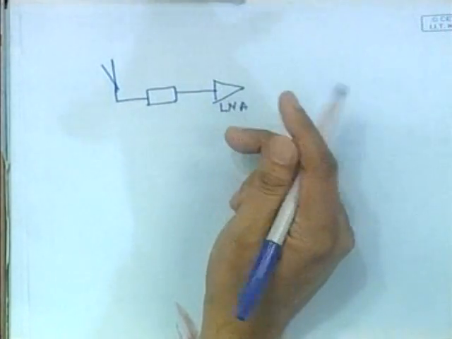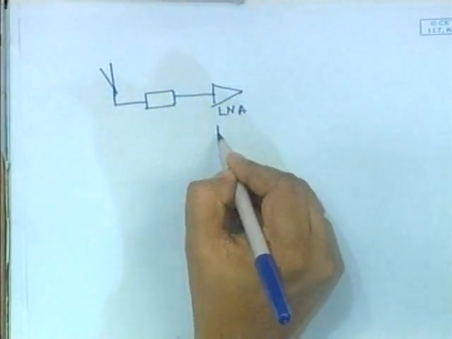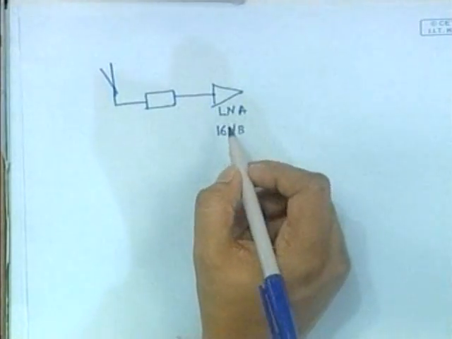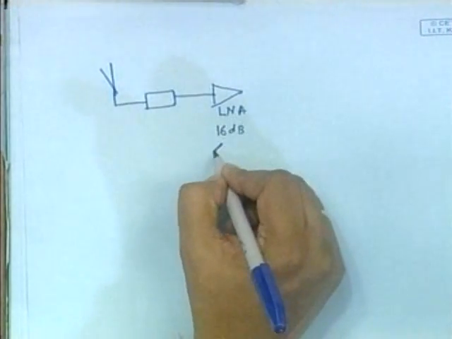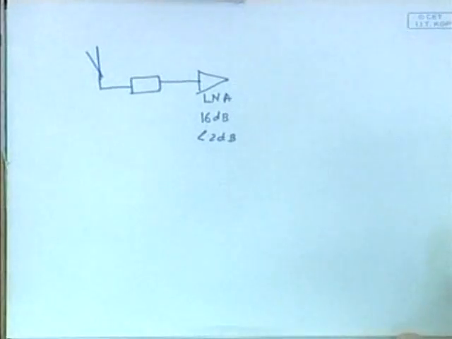It has a huge gain of roughly 16 dB, I am giving a typical figure. And what should be the noise figure of the system? Less than 2 dB, because there is no scaling factor to reduce the contribution of the first stage, that is, stage 1.